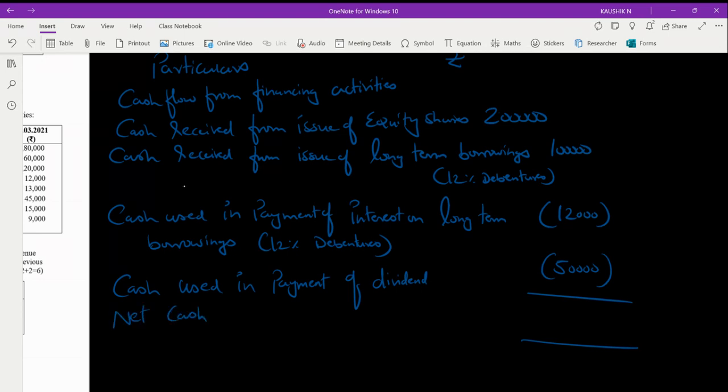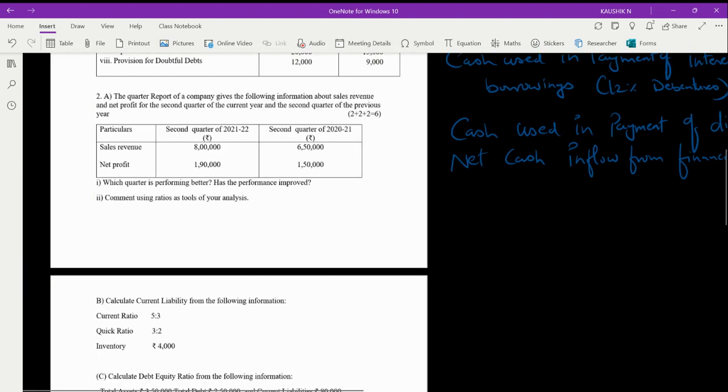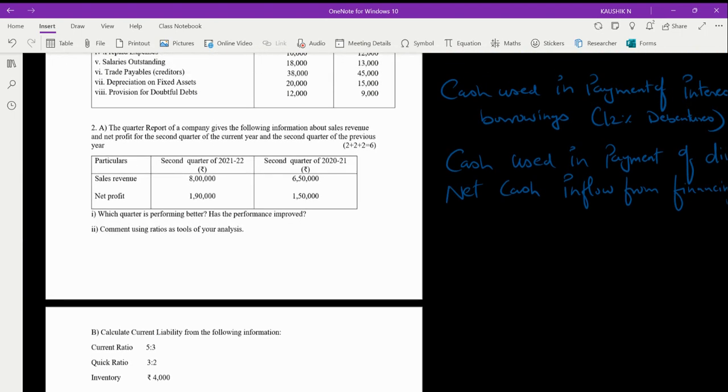So it will be net cash inflow. Net cash inflow from financing activities, value comes to rupees 2 lakh 38,000. This is the first question. I hope it is clear to you all.